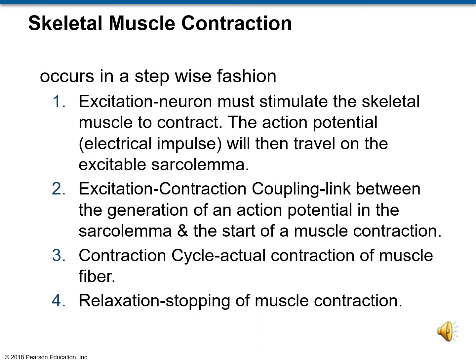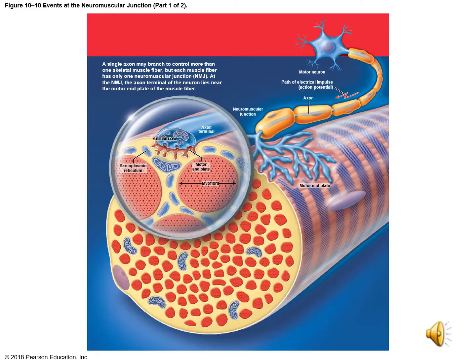This is when the action potential stimulates the muscle contraction. The third is the actual contraction cycle itself, what's happening when the muscle is contracting. And fourth is relaxation, the stopping of the muscle contraction.